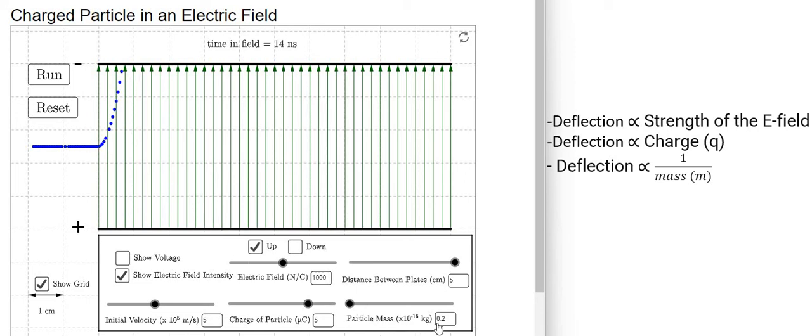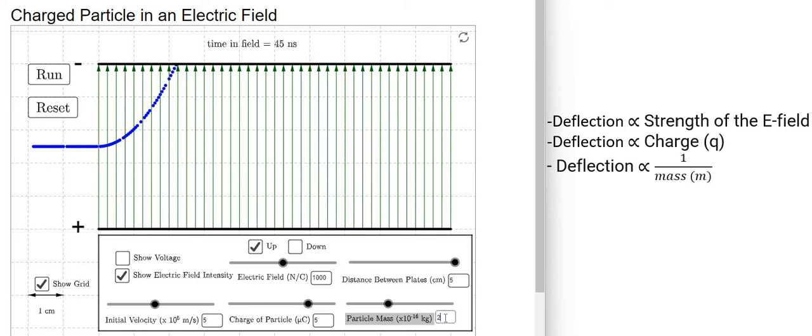Now if I increase the mass from 0.2 into 10 to the power minus 16 kg to, for example, 2 into 10 to the power minus 16 kg, the deflection should reduce. You can see that as the mass is increased, the deflection is a little less.